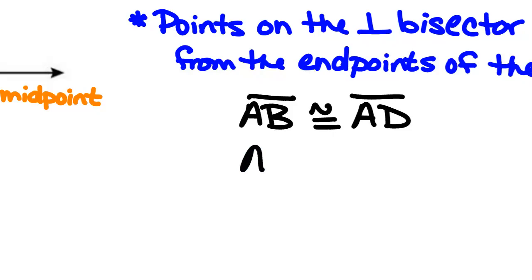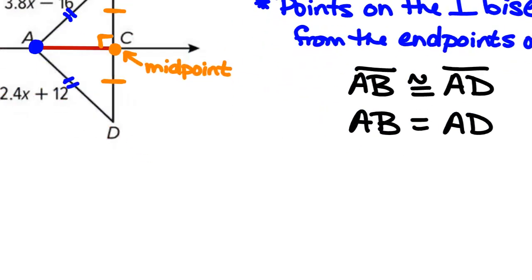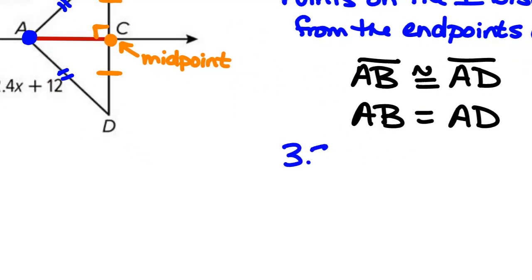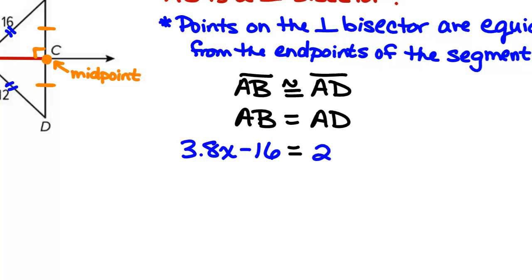If they're congruent, then their lengths are the same. AB is equal to AD. And that means that 3.8x minus 16 is equal to 2.4x plus 12.